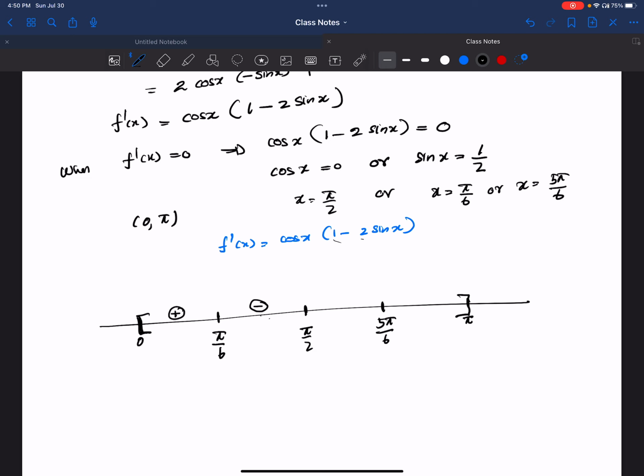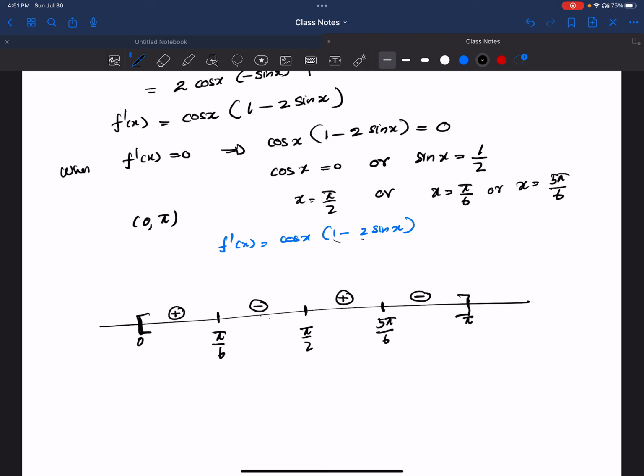And then you can put 2, which gives a positive value, and then you put 3 or something like that, and you find that it is negative.